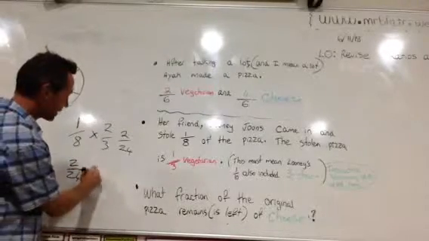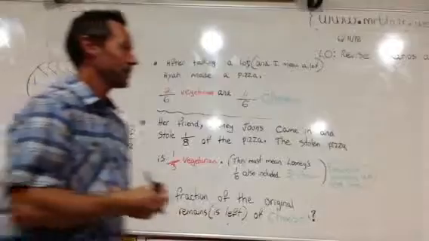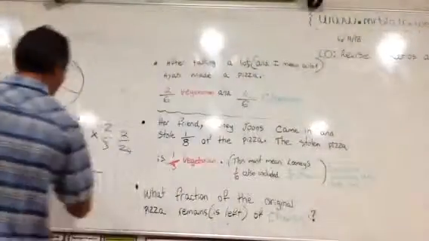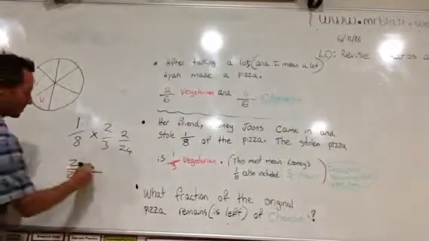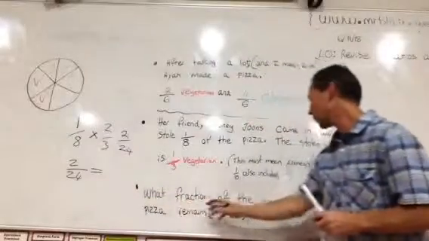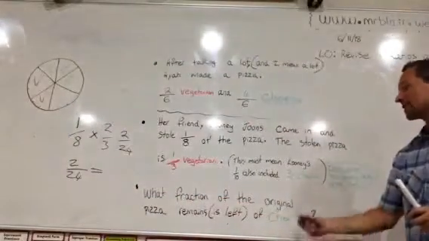And now I'm going to subtract. So the reason I'm subtracting, what is it that I am subtracting? Am I subtracting 2 24ths from what fraction of the original pizza remains is cheese?